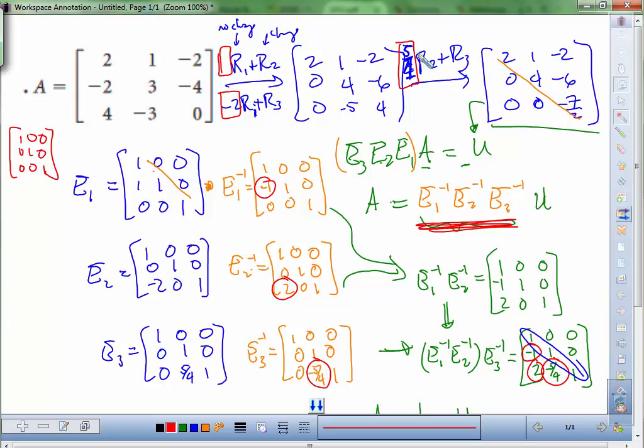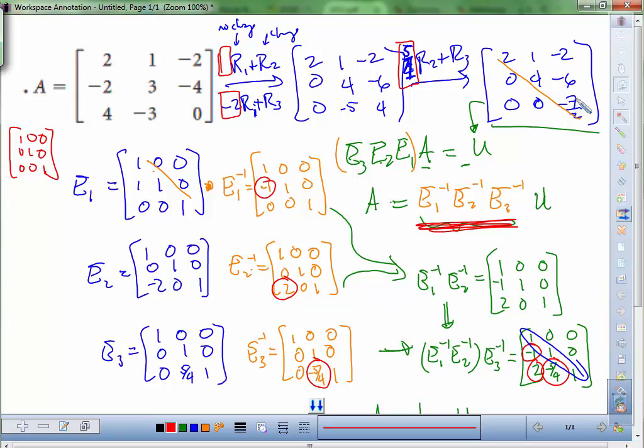So what Hal is trying to say is that if you go through the row reduction to make this into an upper triangular matrix, which is half of our task here, right? We want an L and a U. But if we go through these steps to get U, then we have one of the two matrices that we need.